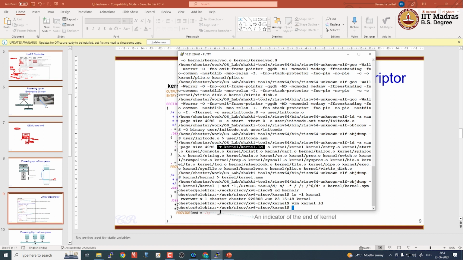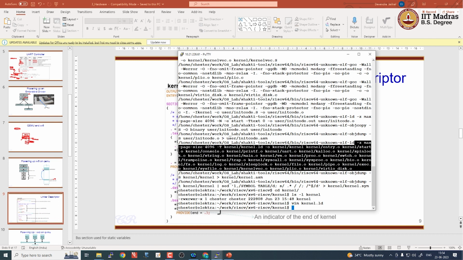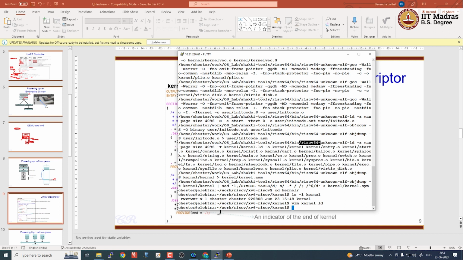So this linker descriptor is given as input to the ld command, which is your linker part of the compilation, and therefore your linker knows how the kernel should be placed in memory, what the entry point is, where the data should be present, and so on.